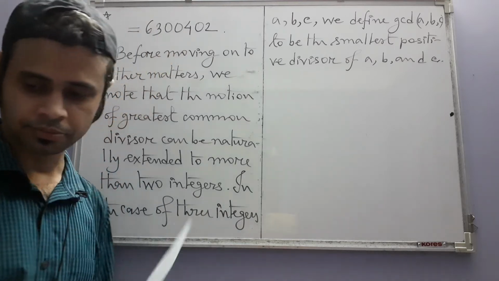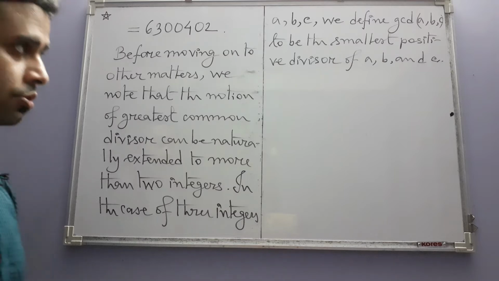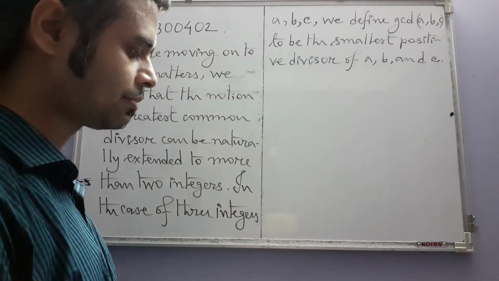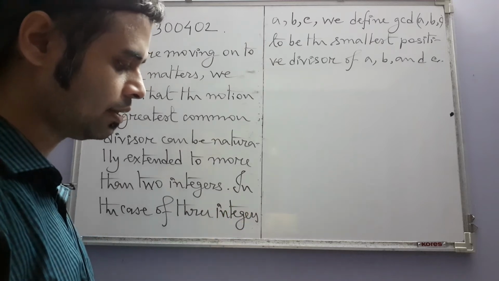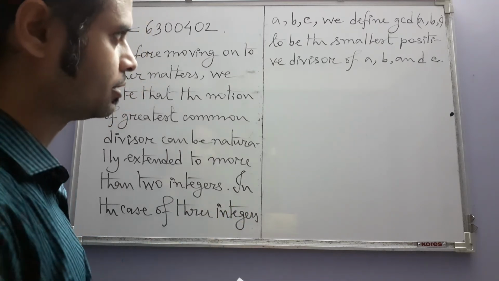Having the following properties, D is a divisor of... so it has been written by the author as a formal definition. Same thing, whatever I have said, I have written here; he is writing it in the form of two conditions.